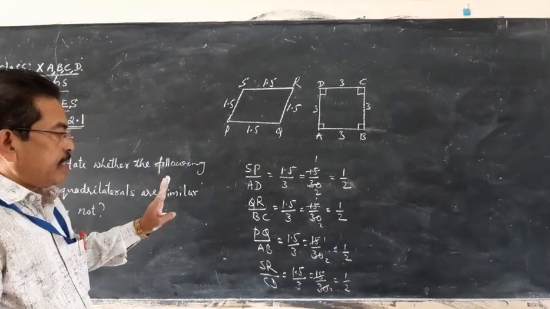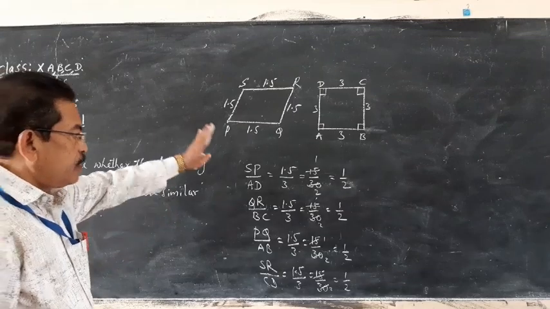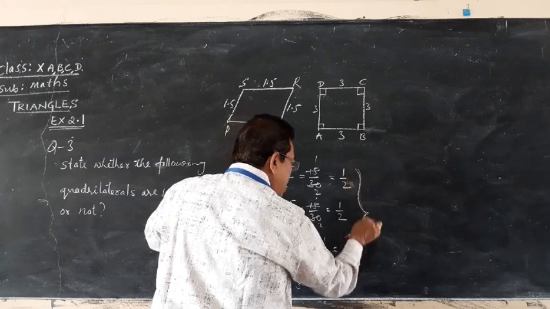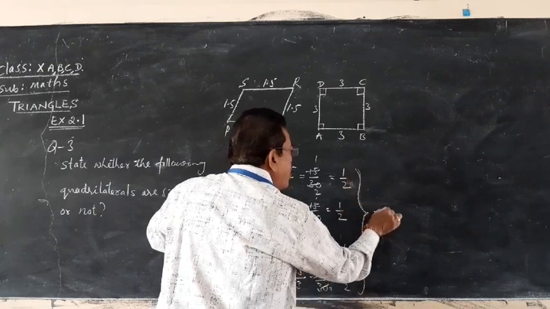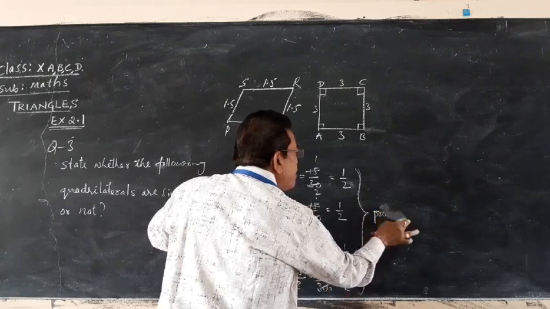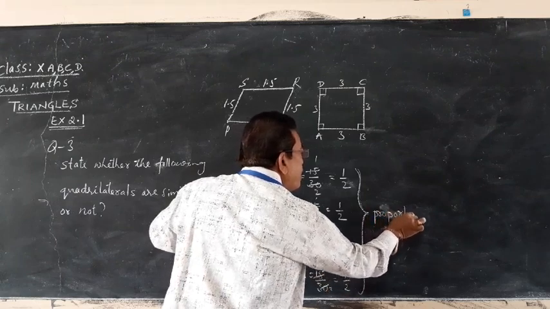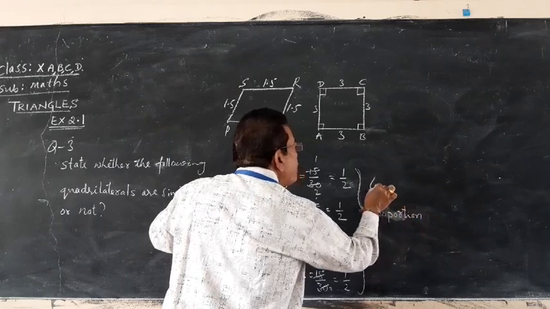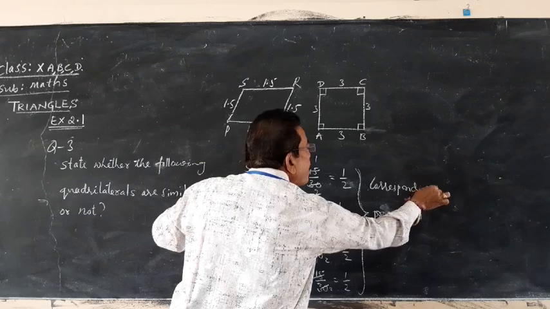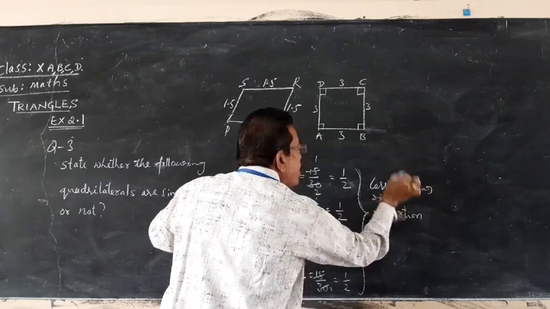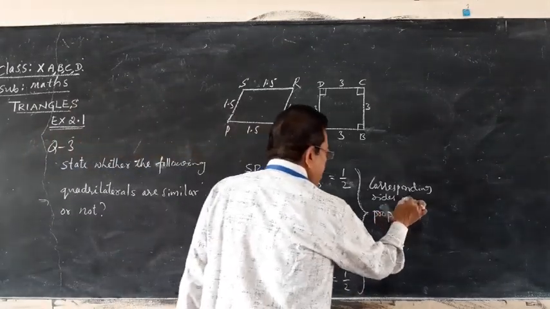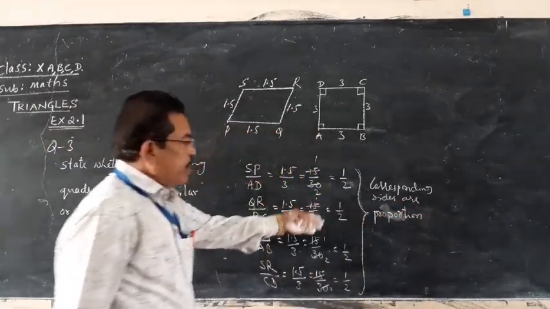In this case, the corresponding sides are proportional, because we got 1 by 2, 1 by 2, 1 by 2.